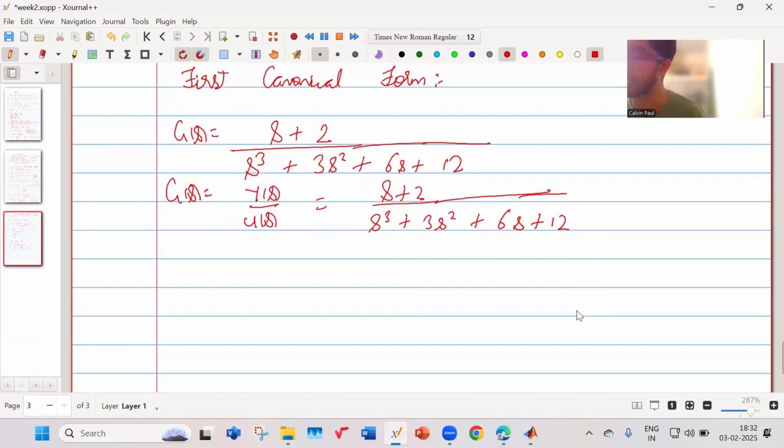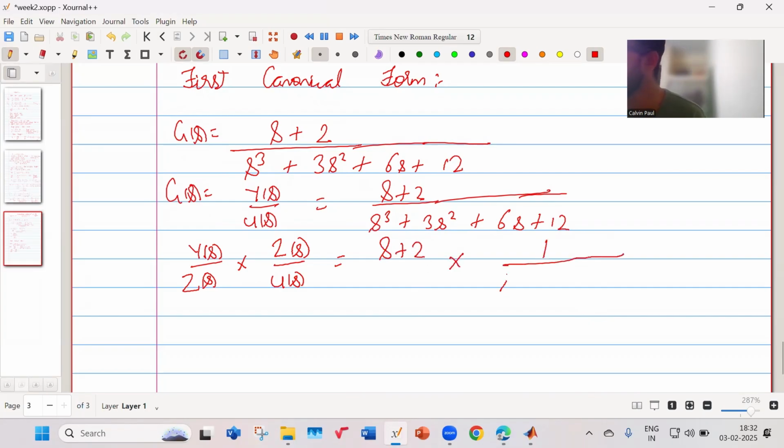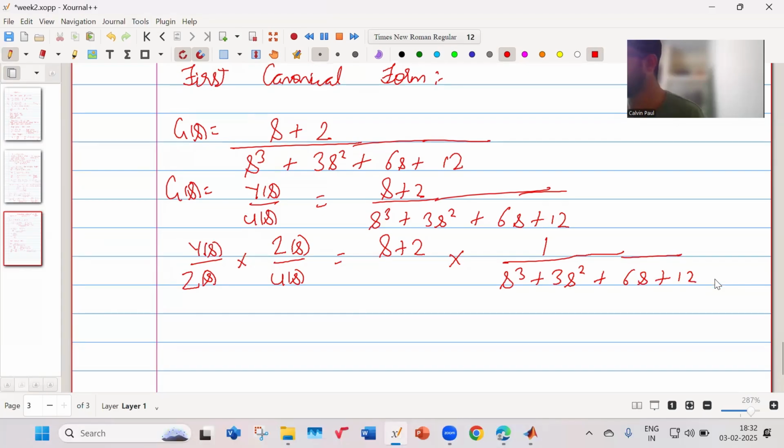What we do is we write it as y of s upon z of s into z of s upon u of s, which is equal to s plus 2 into 1 upon s cube plus 3s square plus 6s plus 12. Okay.